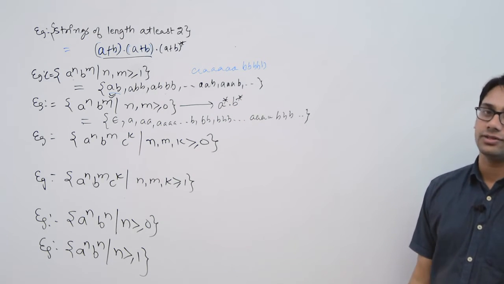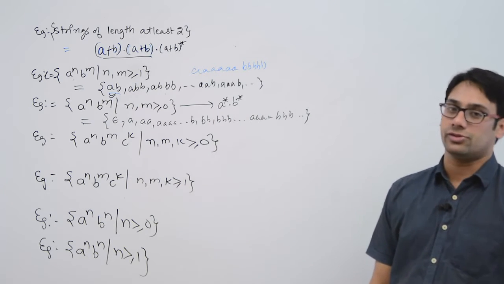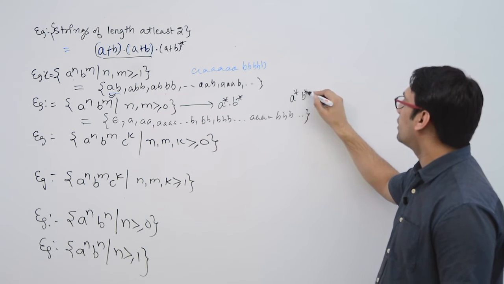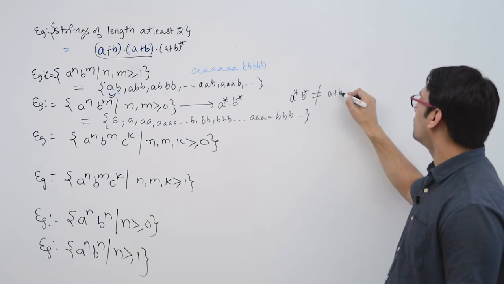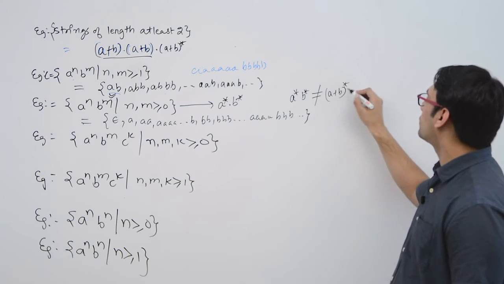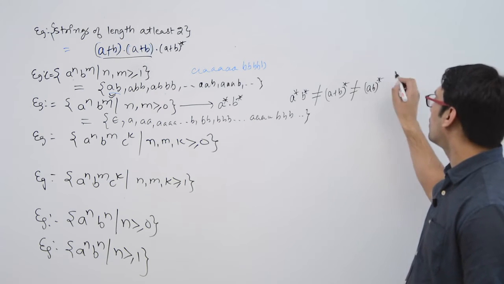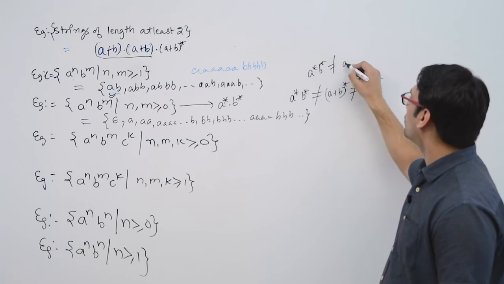This a star b star is not equivalent to (a plus b) whole star, and it is also not at all equivalent to (ab) whole star.